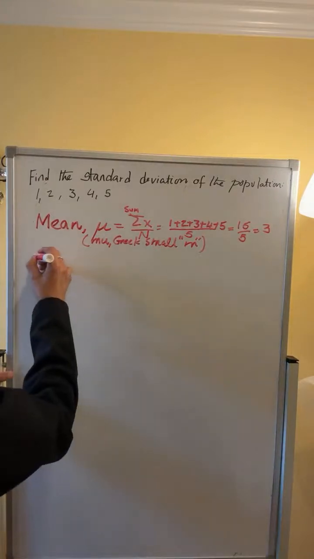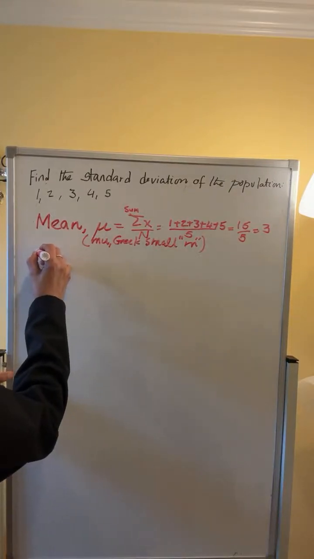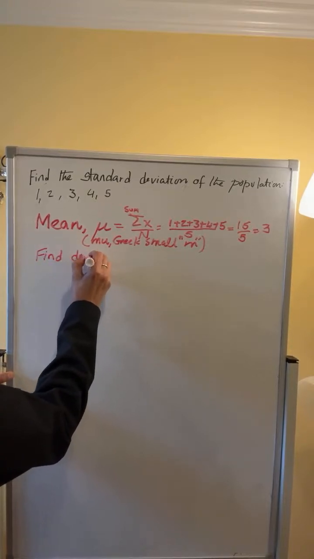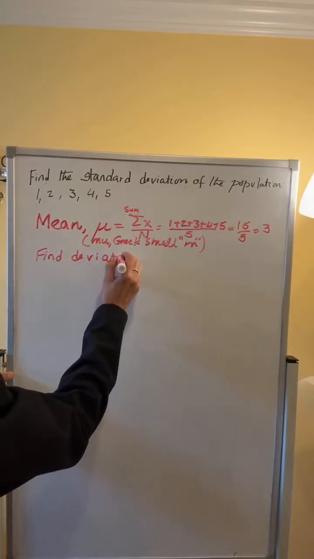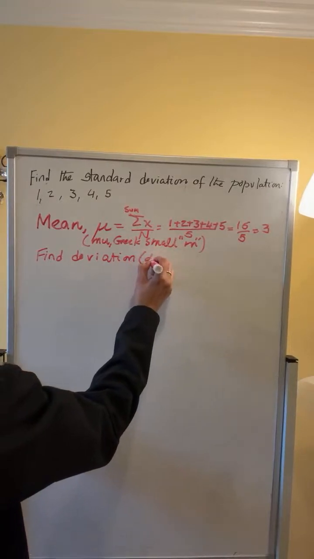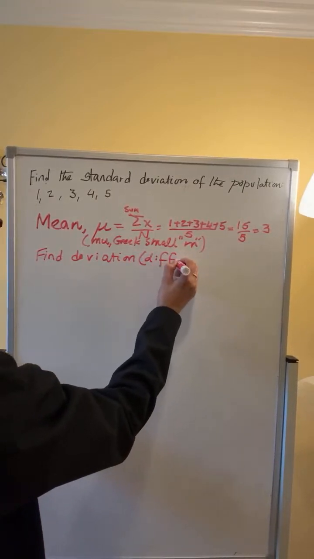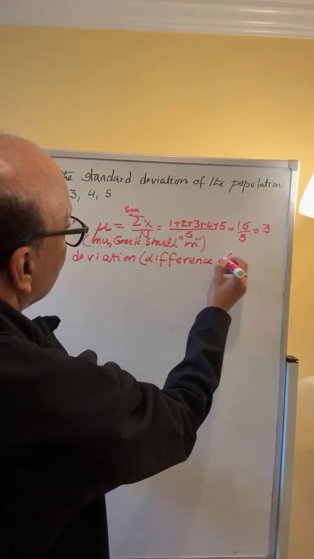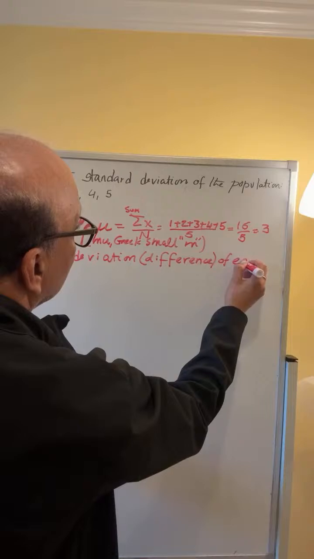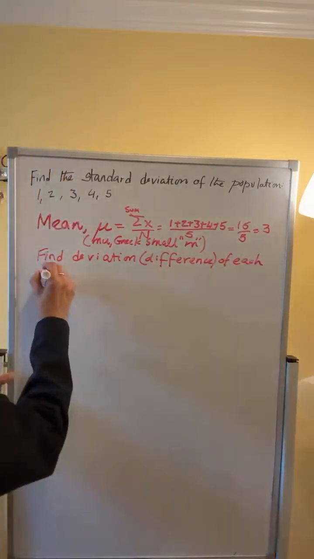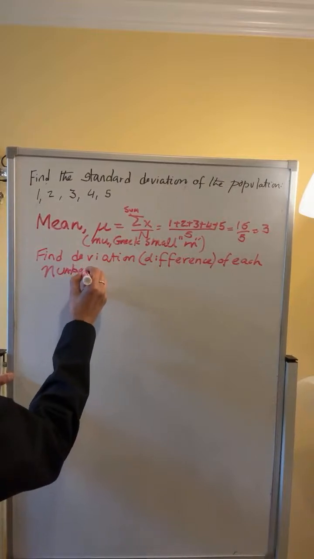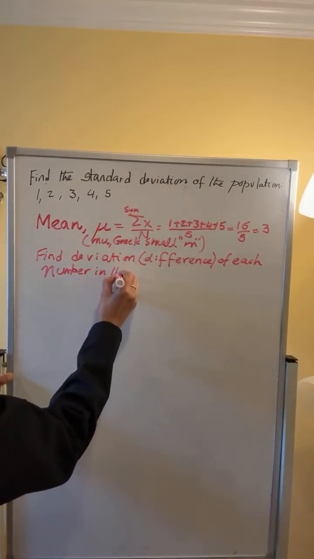Now, the next step is to find the deviation, or difference, of each number in the data set from the mean.